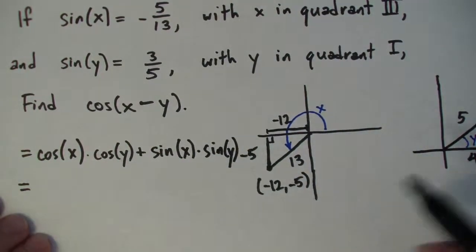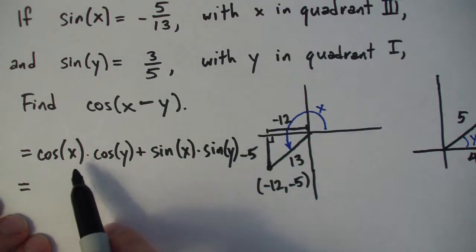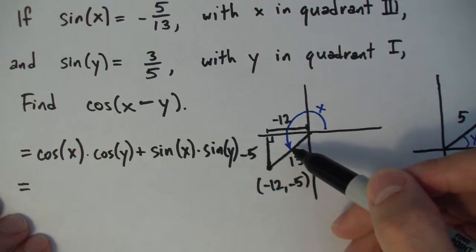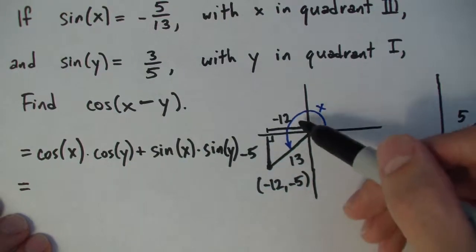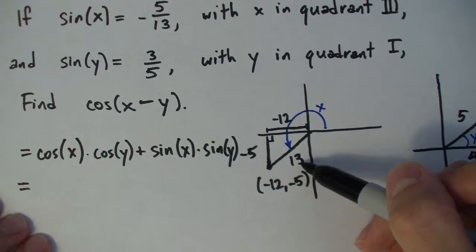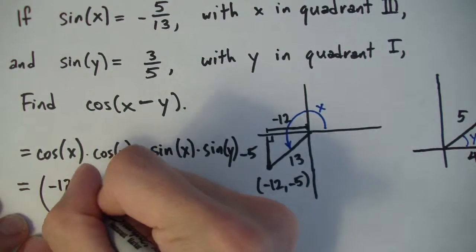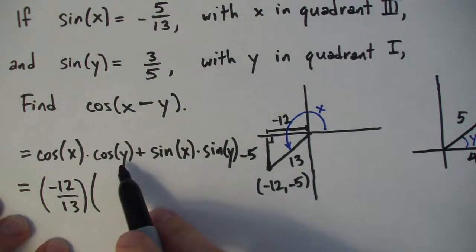And now we put the work that we did to work. We're going to see what is cosine of x. Well, cosine of x, according to the definition for cosine through a point, is adjacent over hypotenuse. It's negative 12 over 13. That's what cosine of x is. Now let's find out what cosine of y is.